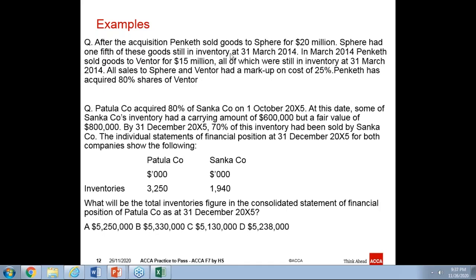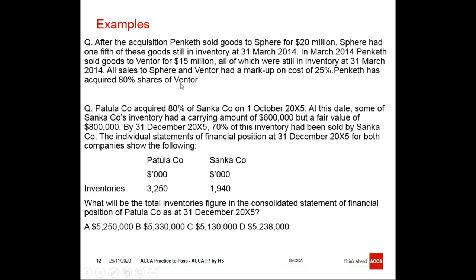Okay, it's not Venter, it's actually Sphere. I think this question has some errors because it does not mention that Penketh sold goods to Sphere for 20 million, Penketh had 1/5 of this still in inventory, and Penketh sold goods to the Venter for 15%, all of the inventory.